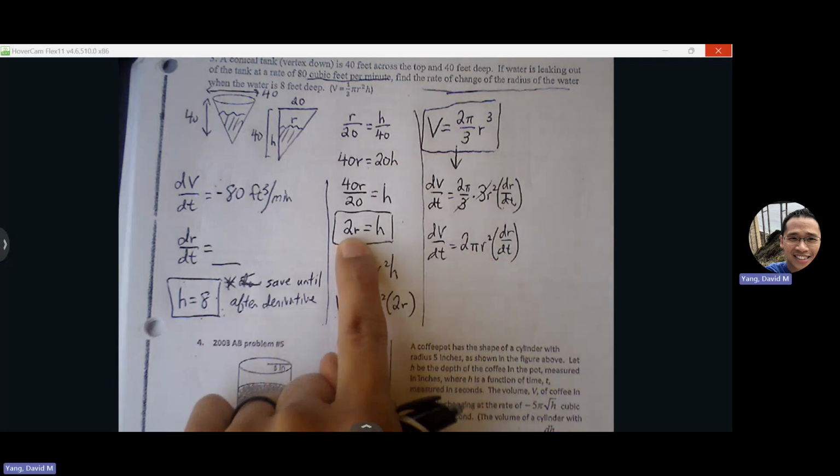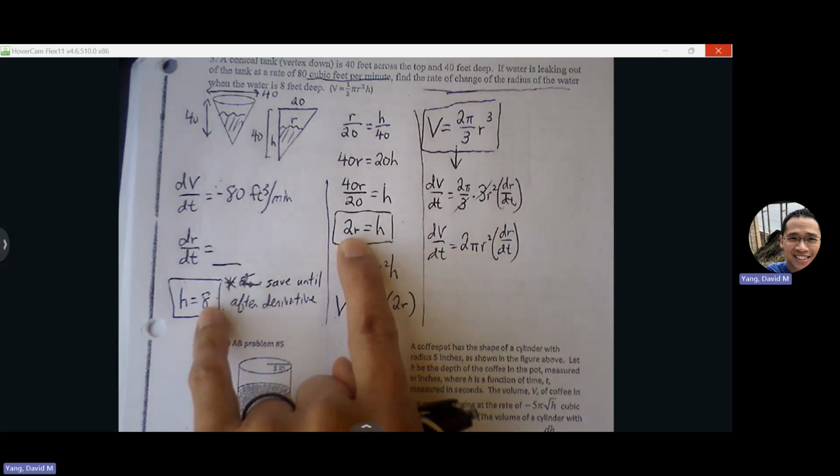All right, good. 2R equals H, right? So if we know that 8 is H, I can plug 8 in for H to try to get that radius of the water level.